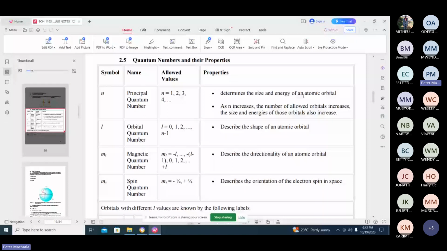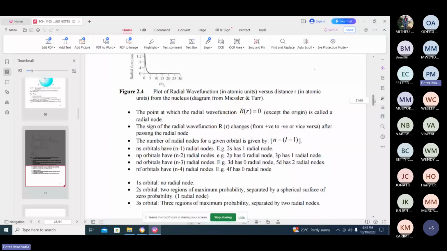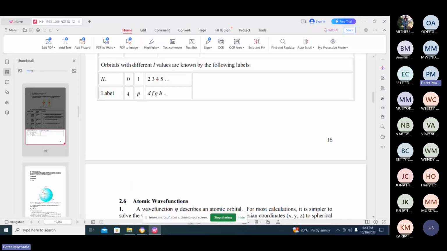But in terms of quantum numbers, those sub-levels are given numbers 0 upwards, so that S is given number 0.